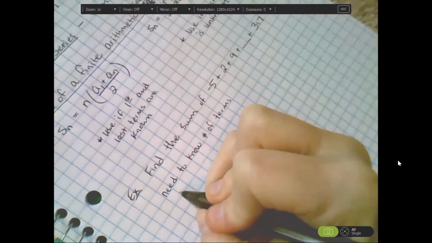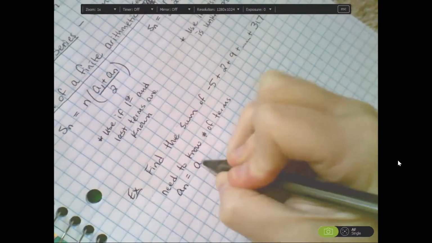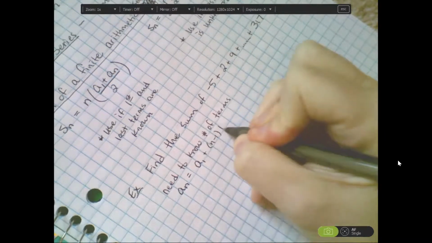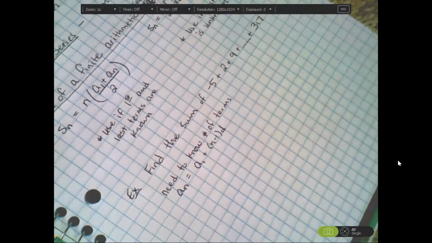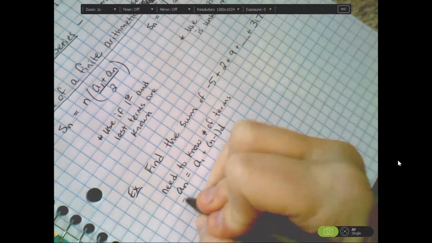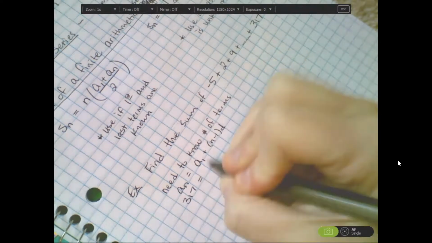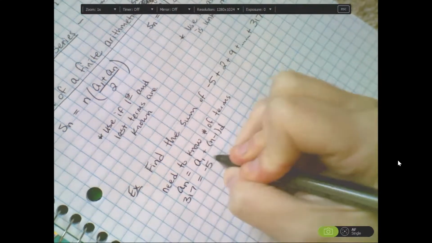So let's think about this. We have this rule from before. We can figure this out. We know our last term is 317. We know our first term, -5.